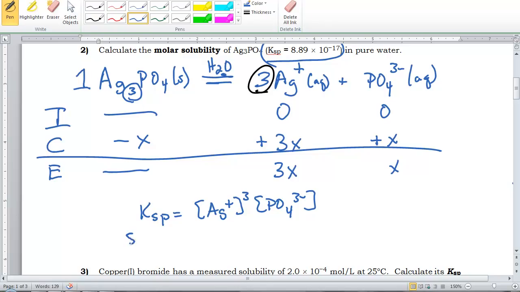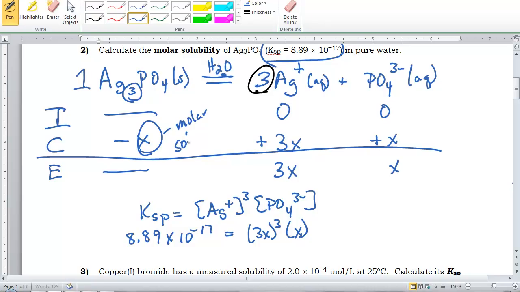So our value, 8.89 times 10 to the -17, is equal to 3x cubed times x. Now, I should have probably mentioned this at the start, but x is the amount of that salt that dissolves. That is our molar solubility.